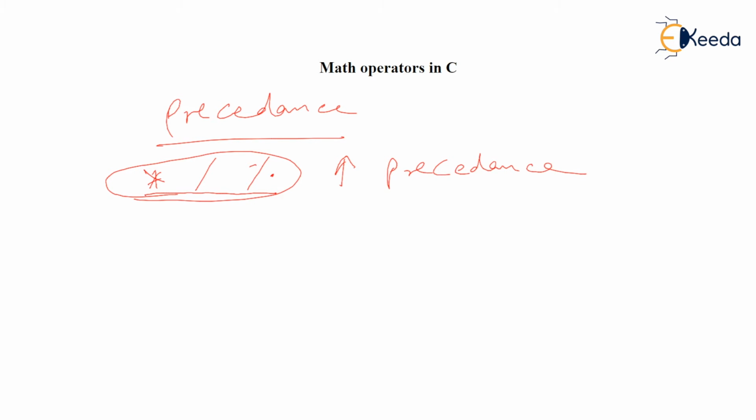Remember, star, slash, percent have the same precedence, but the precedence of all these operators is higher than plus and minus. Plus and minus are from the same family, but they have lower precedence as compared to star, slash, and percent, but they have equal precedence with each other.